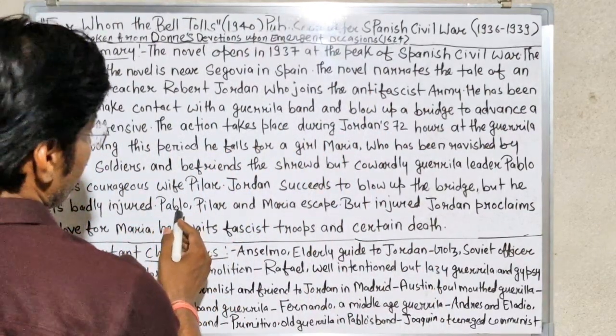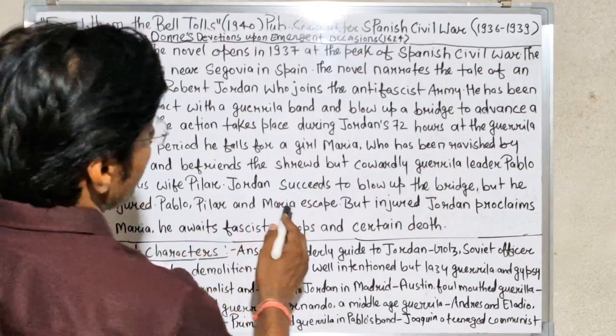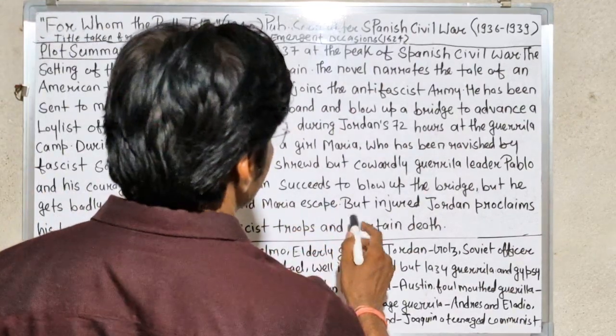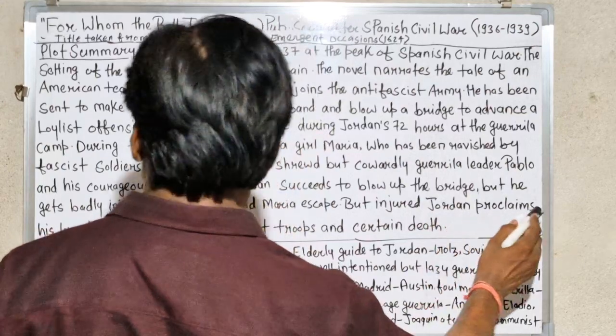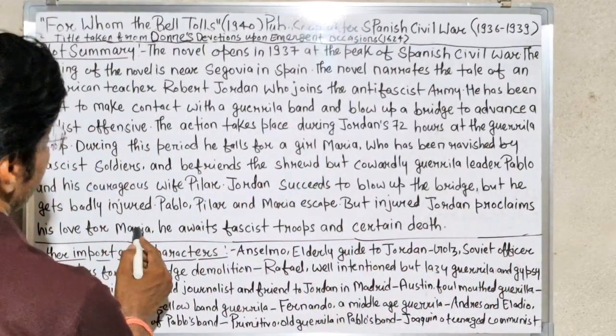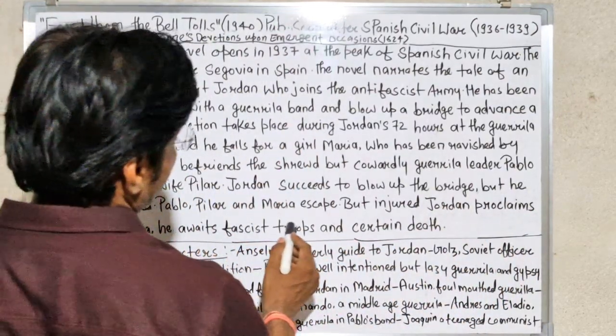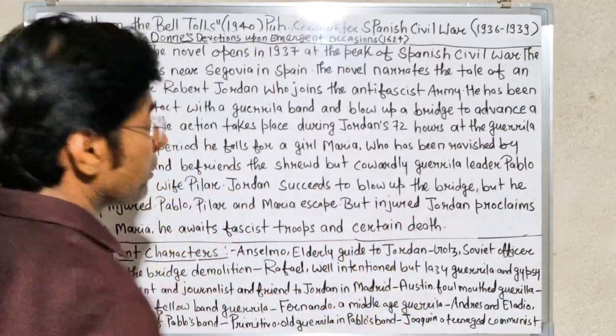But Pablo, Pilar, and Maria escape unhurt. But injured, Jordan proclaims his love for Maria. He awaits fascist troops and certain death.